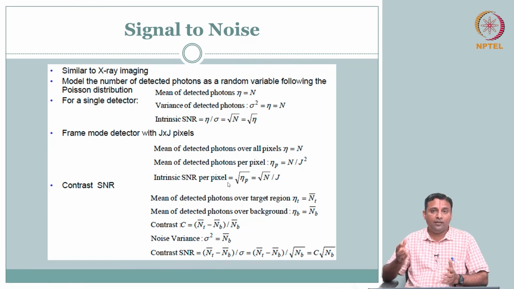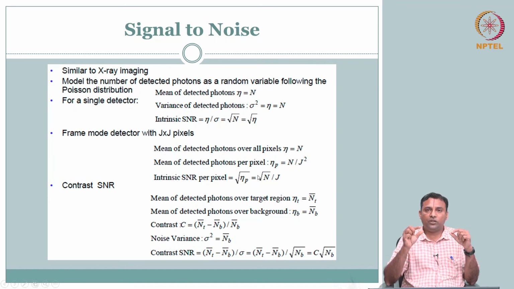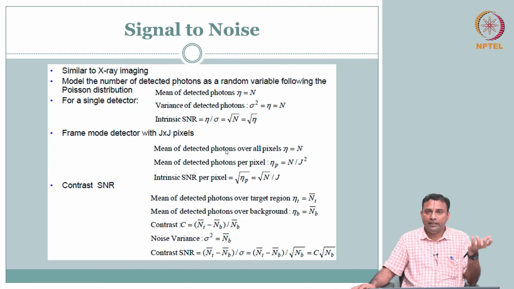Naturally, your detector size goes down if you increase the number of pixels. So your localization is better, but then the number of photons reaching each pixel is less, and therefore your intrinsic signal to noise ratio goes down. So it's a trade off. In imaging, that is one commonality amongst all the different modalities: there is no easy way out, no easy solution.